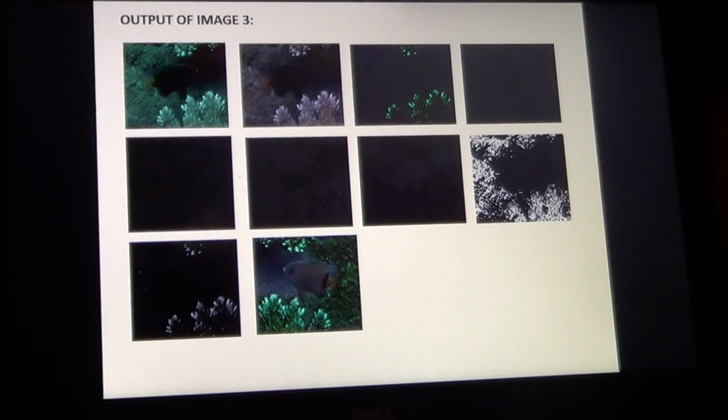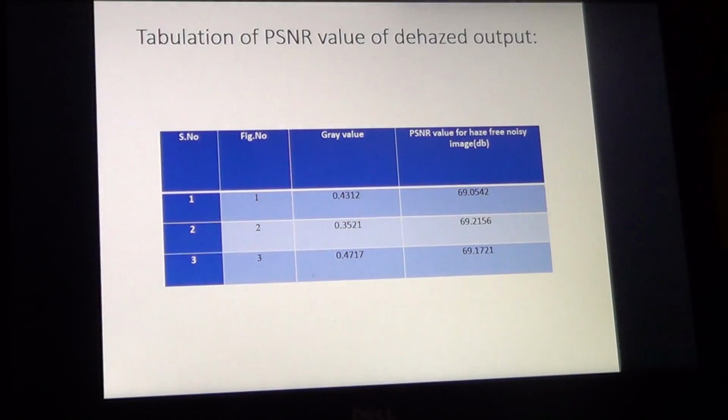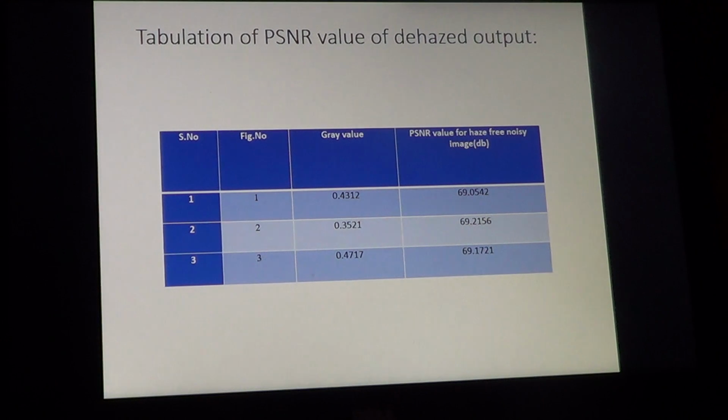This output sample is under near water surface, and finally, after performing all the processes, we are getting the dehazed image as the output. And the next slide is our PSNR value, which we are getting by this process as a dehazed output.